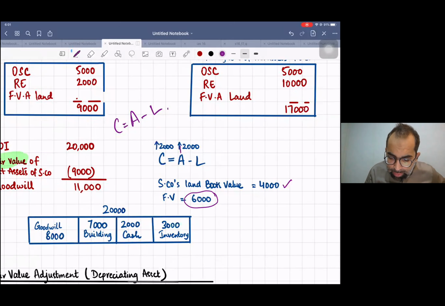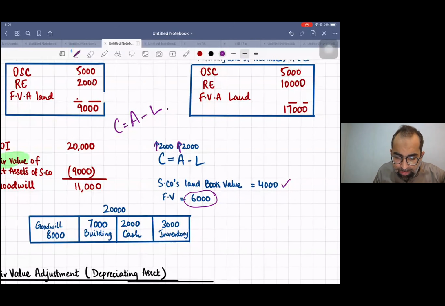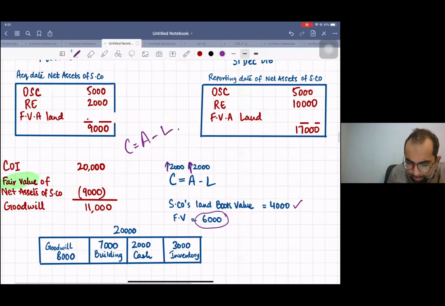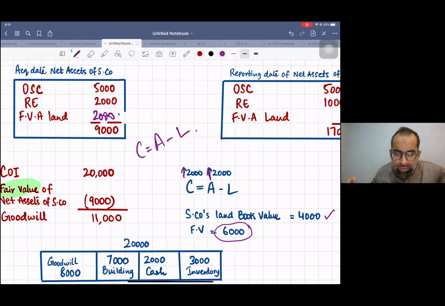So you will increase S company's assets by 2,000. Automatically when assets go up, the net assets also go up. How will you post this? You will post it in S company's net assets packet at acquisition date.